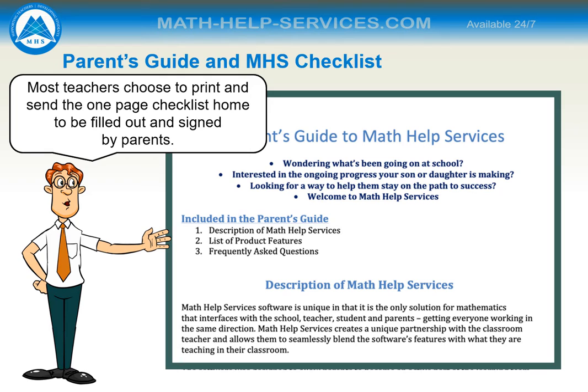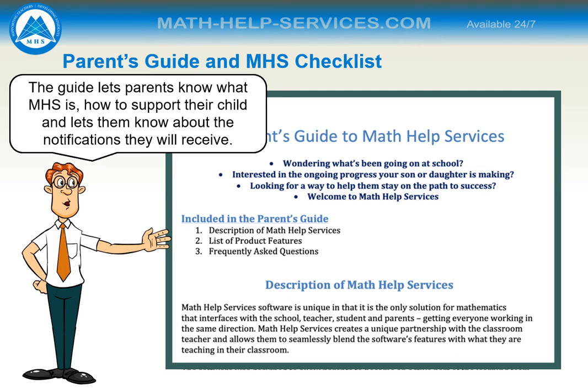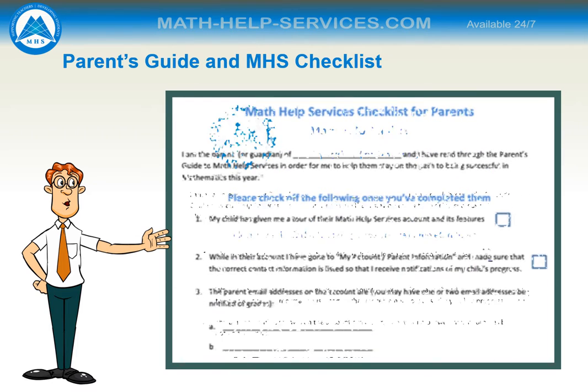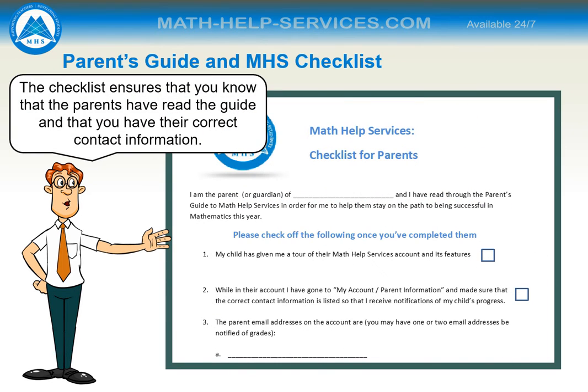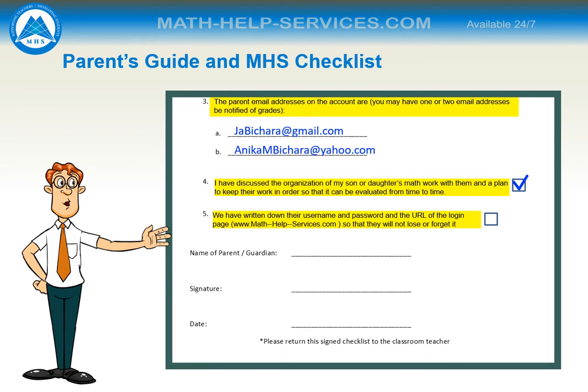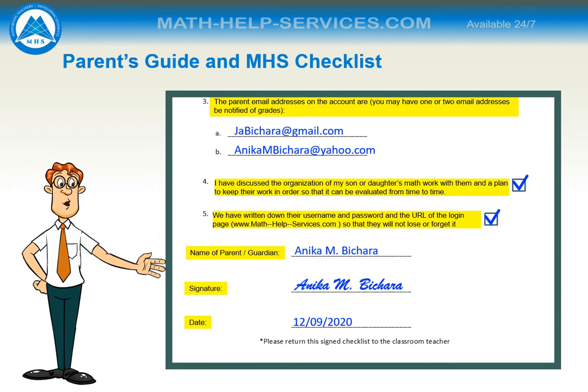Most teachers choose to print and send the one-page checklist home to be filled out and signed by parents. The guide lets parents know what MHS is, how to support their child, and lets them know about the notifications they will receive. The checklist ensures that you know that the parents have read the guide and that you have their correct contact information.